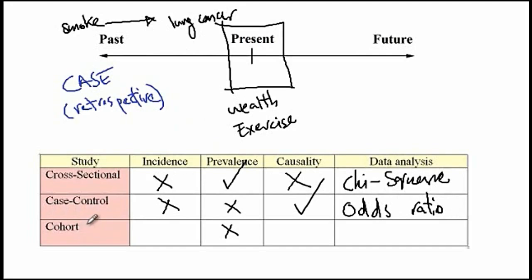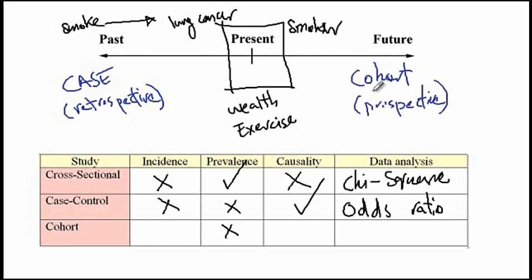The final type of study that we are going to discuss is the cohort study, which looks into the future. So it's a prospective type of study. Here, the way we look into it is to take smokers versus non-smokers and find out what percentage of them develop a specific condition over time, let's say lung cancer.